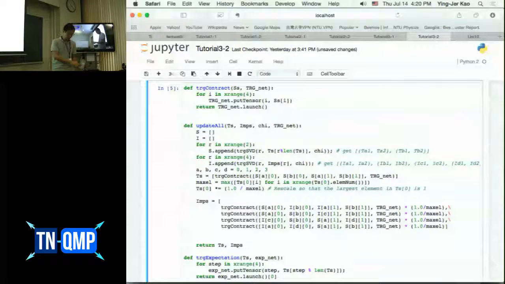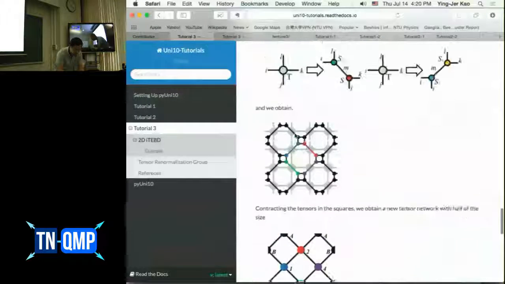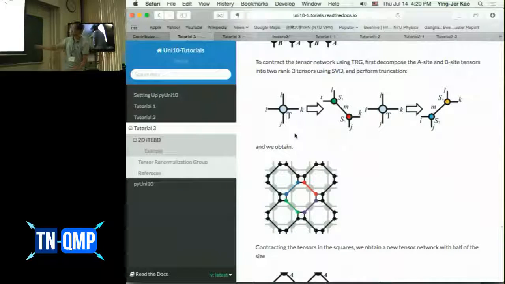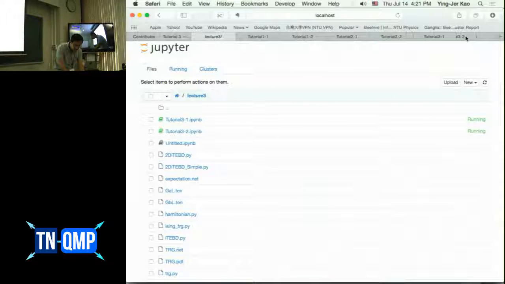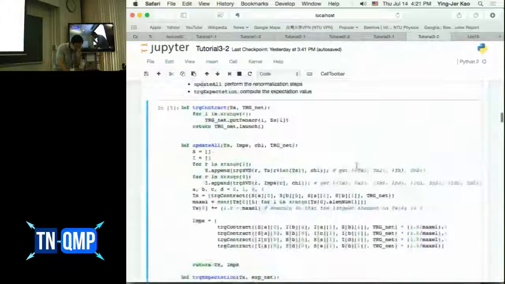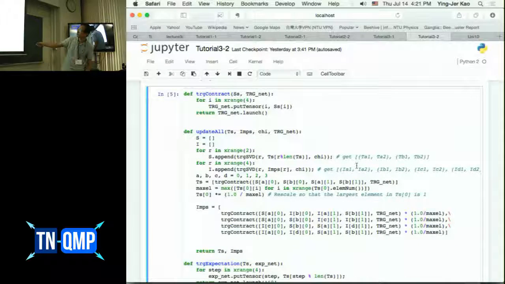This gives you the proper network you want to contract, which will look something like this. All you need to do is plug in the tensors. This contraction is done with just this one line: you put in the proper tensors and then launch.